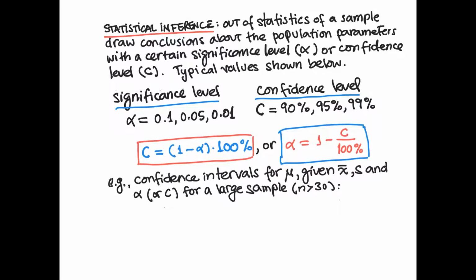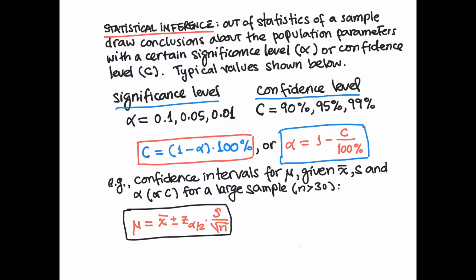The confidence interval for the mean of a population, for example, can be estimated given the mean of the sample, the standard deviation of the sample, and a certain level of confidence or significance, for the case of what is called a large sample, which is a sample with more than 30 elements.